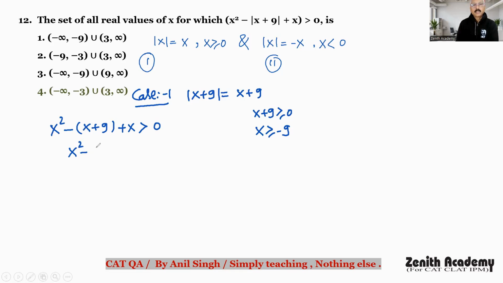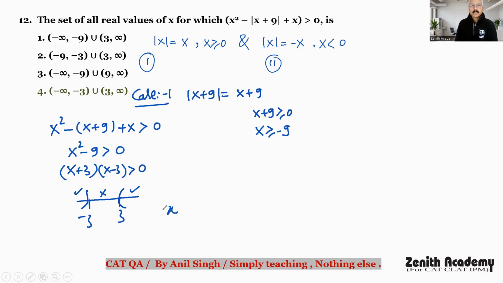It is x square minus 9 greater than or equal to 0, so (x plus 3)(x minus 3) is greater than or equal to 0. So the solution means x is greater than or equal to 3 or x is less than or equal to minus 3.